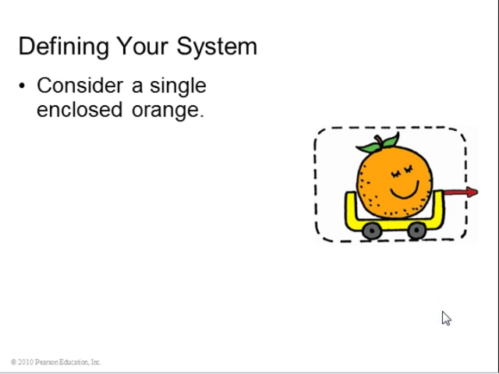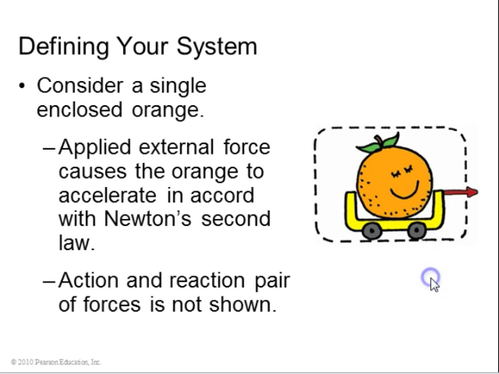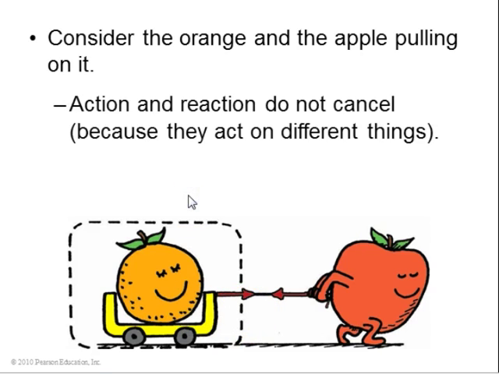So it's important to define your system. Consider a single enclosed orange, and there's an external force causing the orange to accelerate in accordance with Newton's second law. There's no action-reaction pairs shown in this system. However, what's really going on is this apple is pulling the orange.